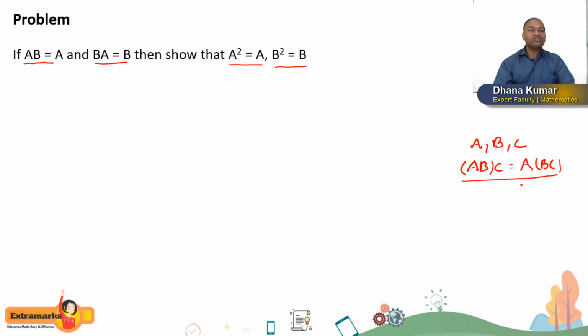Okay, now coming to this question. Here the conditions are AB is equal to A and BA is equal to B. These are the given two conditions, right?